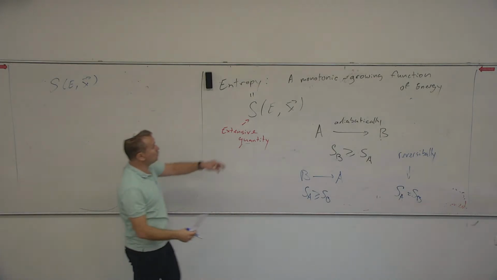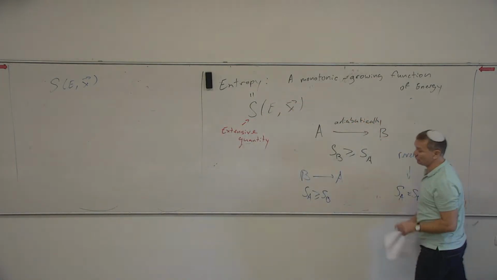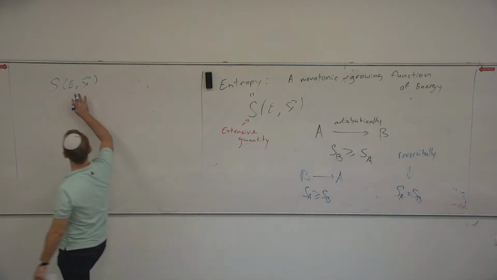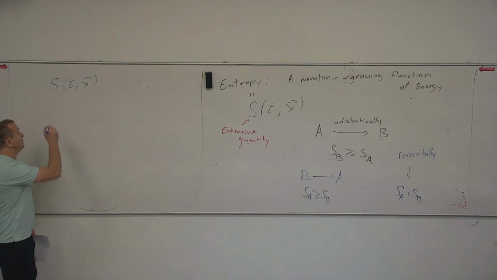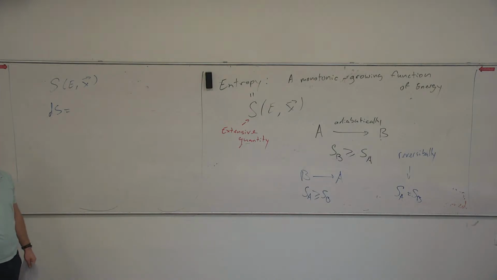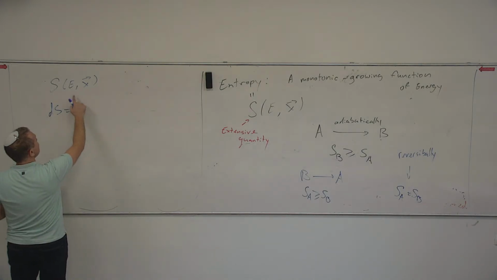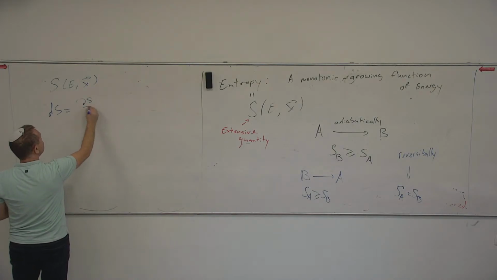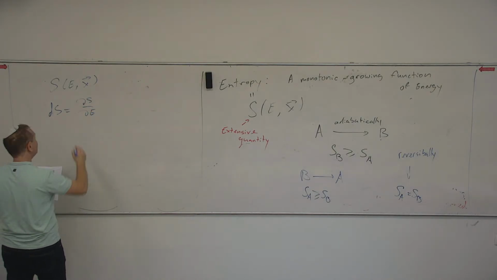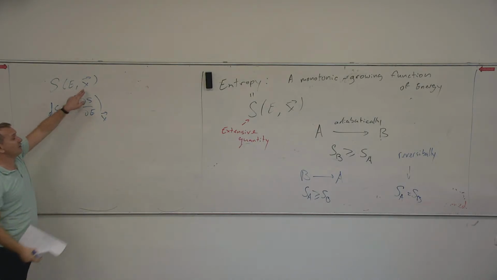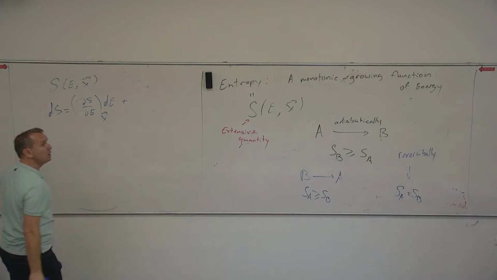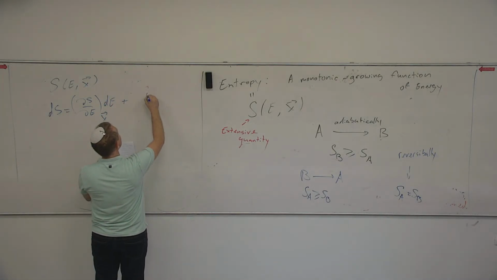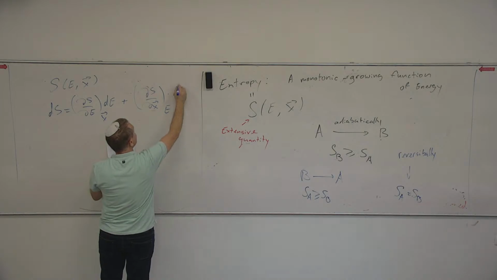And since I assume that it's a monotonic and growing function of S, I can write down the differential of this function. So what is dS for our case? We have two variables. So this is dS/dE, and I keep all the other generalized variables constant, times dE, plus dS/dx at constant E, dot dx.